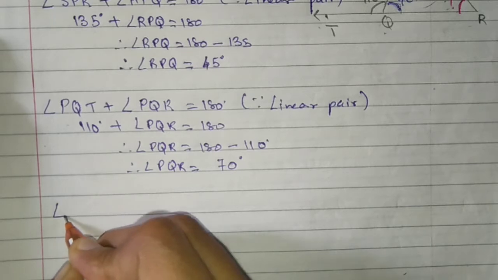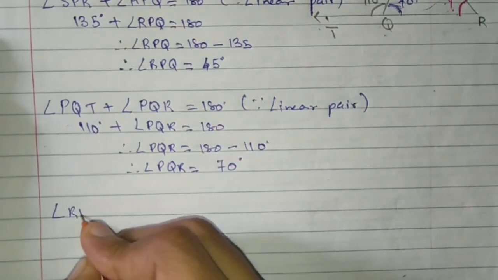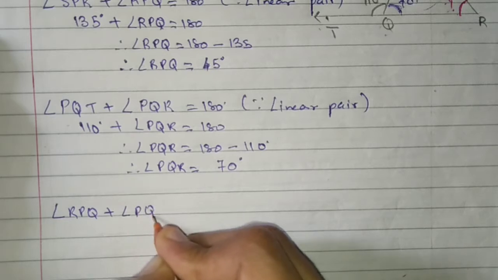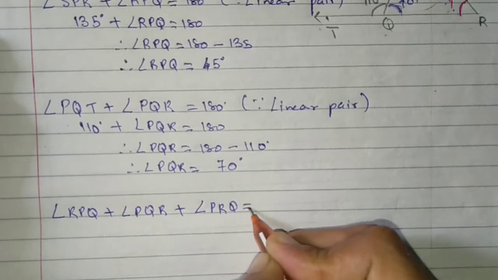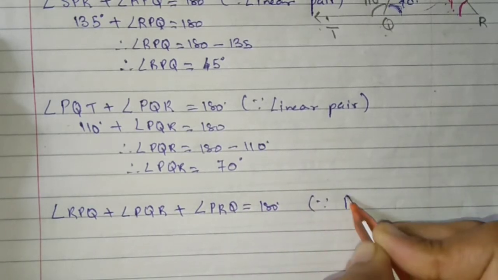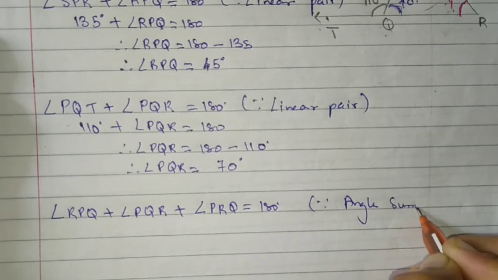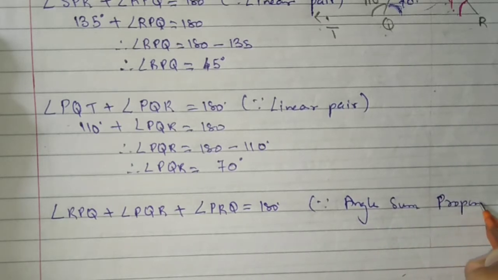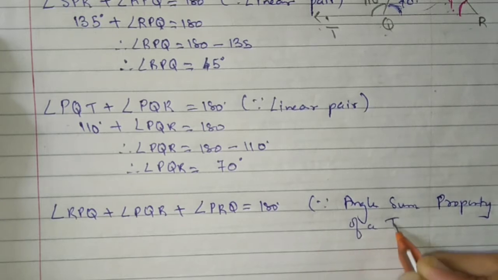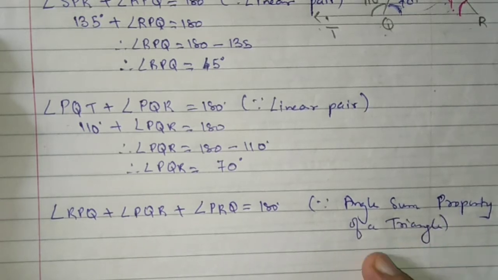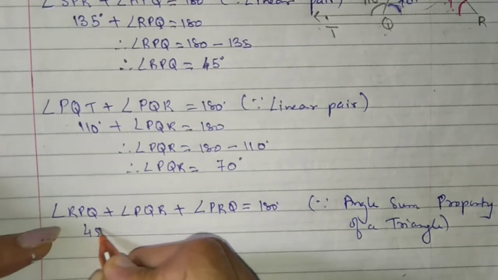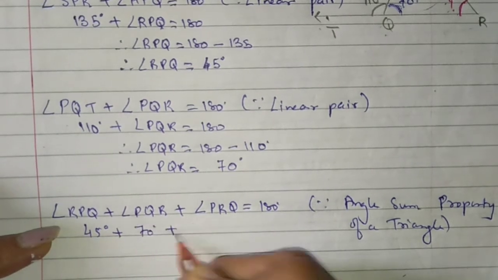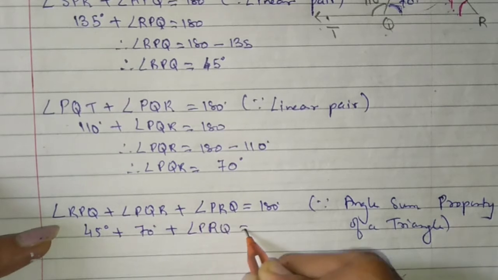First of all, we write the angles: angle RPQ plus angle PQR plus angle PRQ equals 180, because of the angle sum property of a triangle. This property says the sum of all the interior angles of a triangle is 180. So we have 45 plus 70 plus the angle we have to find, which is 180.